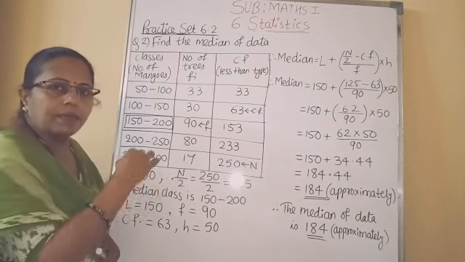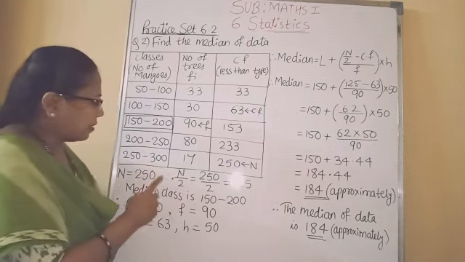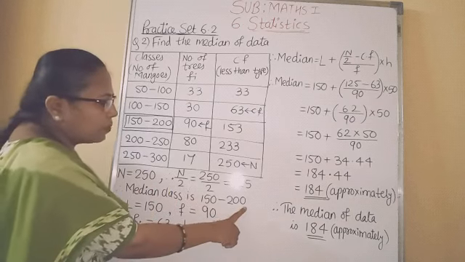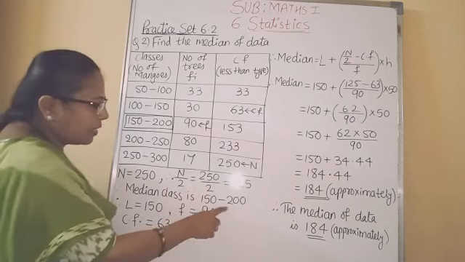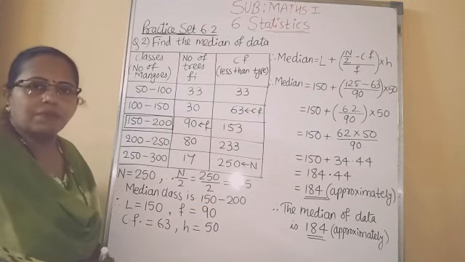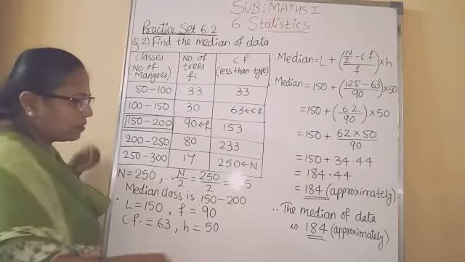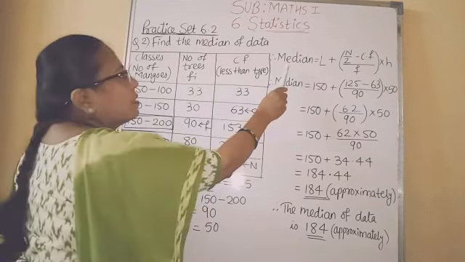H means width of the class. Upper class limit minus lower class limit. So upper class 200 minus lower class 150, that is 50. Followed? Then the formula.